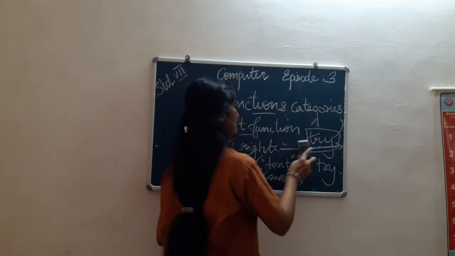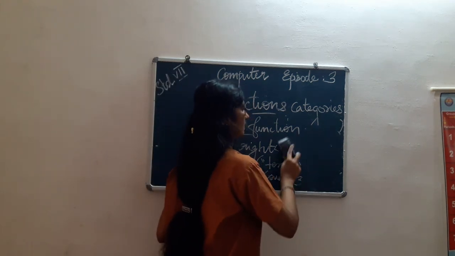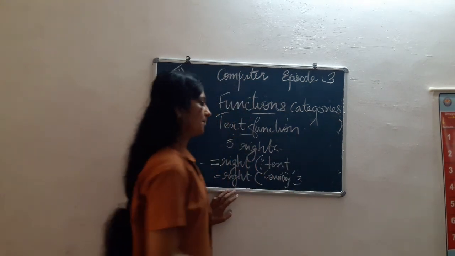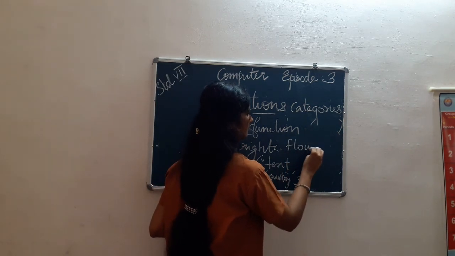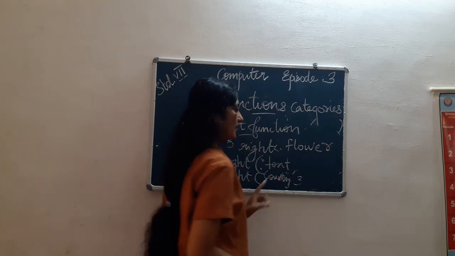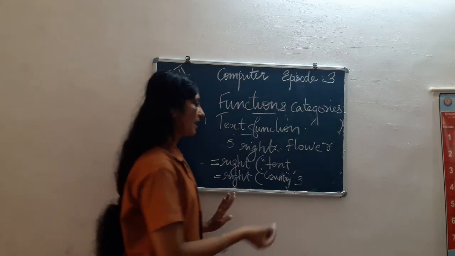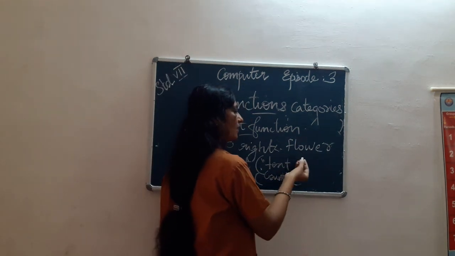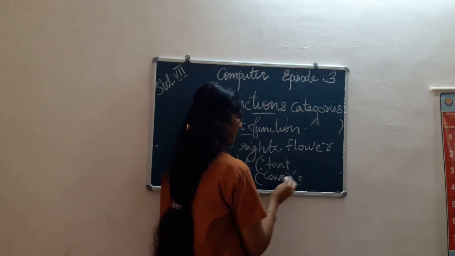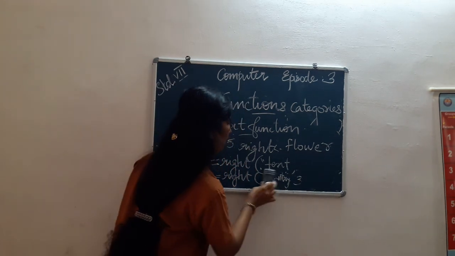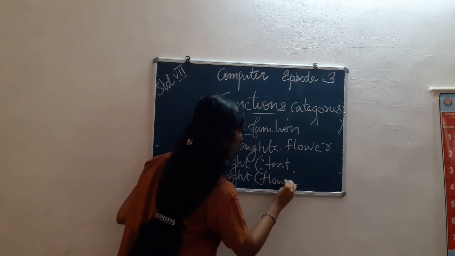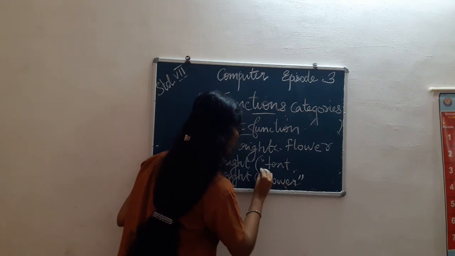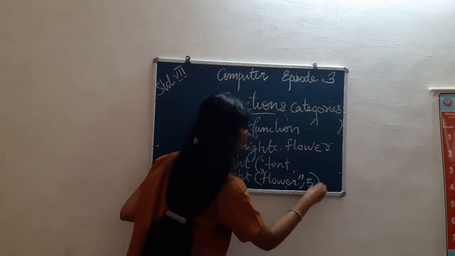Another example, let me take flower. So here is the input flower, and the string is flower, comma 5.